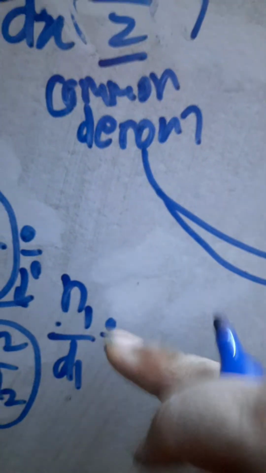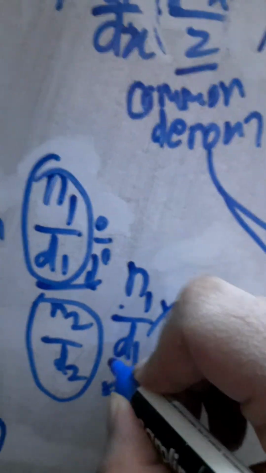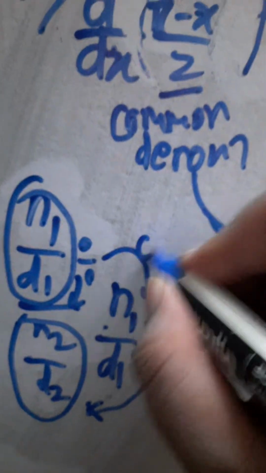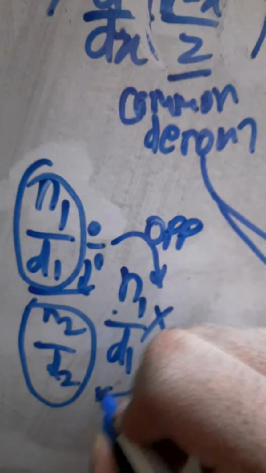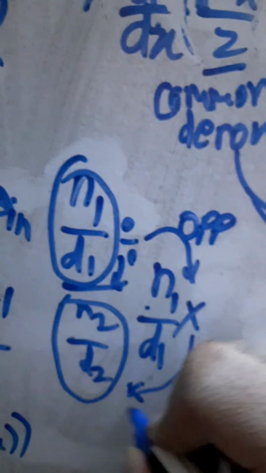Now when I make it a multiplication, since this is the opposite of this, to write it as multiplication I have to invert n2 and d2, I have to swap the places of n2 and d2.